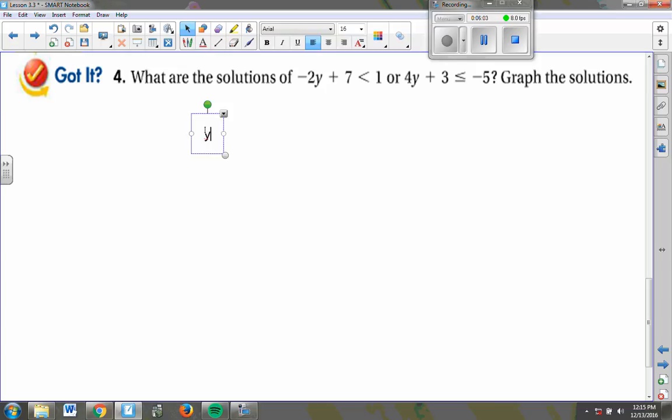The one on the left, -2y plus 7 is less than 1, when we solve that, should end up saying y is greater than 3. The one on the right, when we solve, should end up saying y is less than or equal to -2.